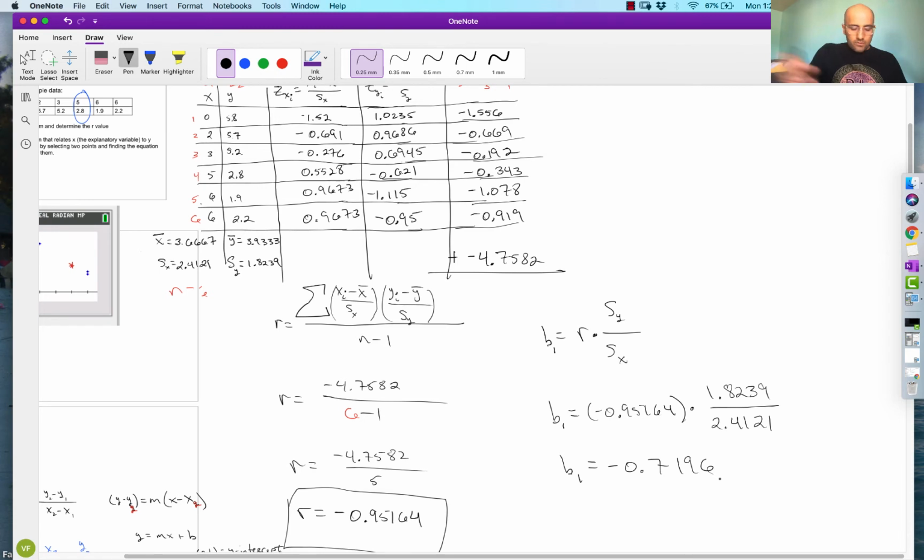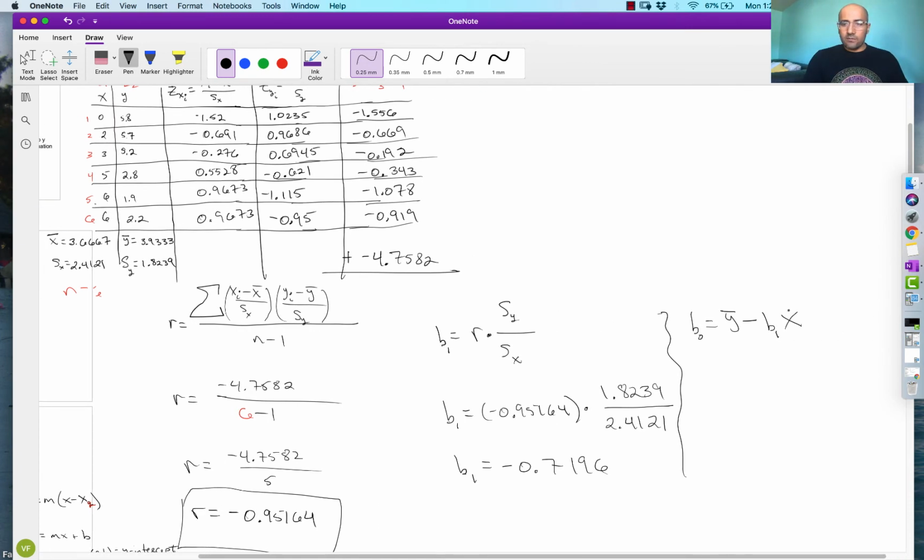And the formula for that is b sub naught is equal to y bar minus b1 times x bar.